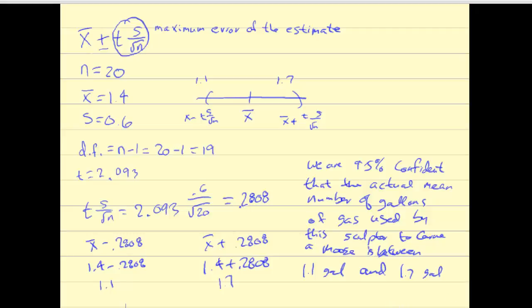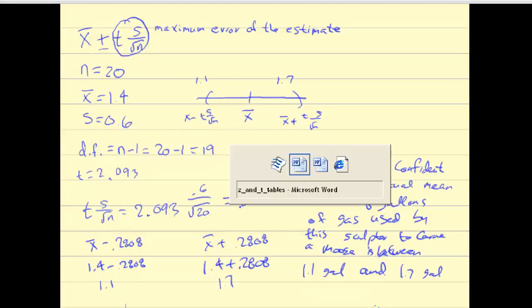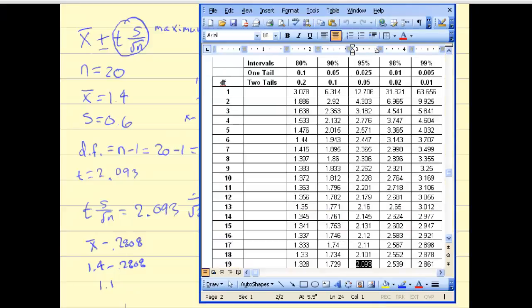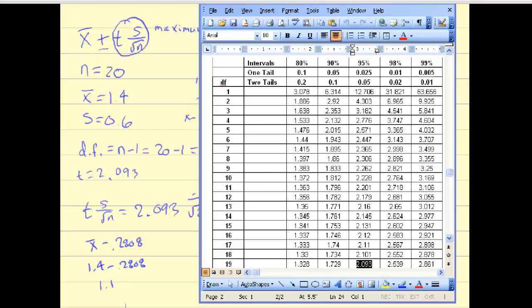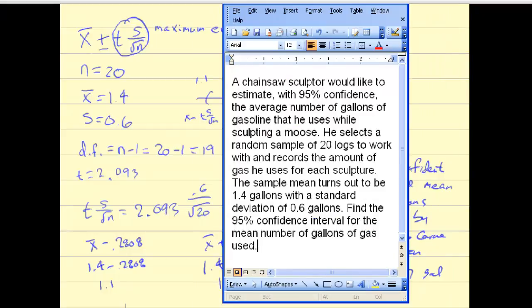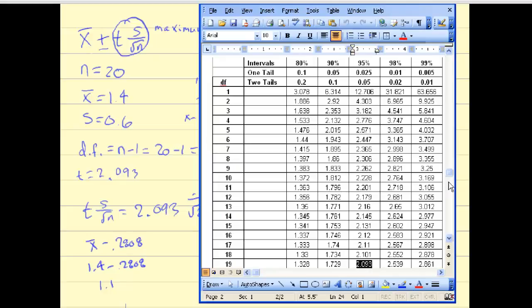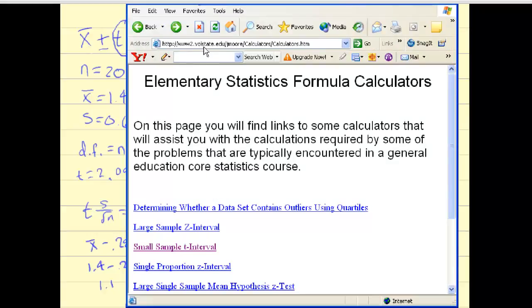Okay, now I also have a calculator here that we can use to perform these calculations. That calculator can be found at www.volstate.edu/jmore/calculators/calculators.htm.